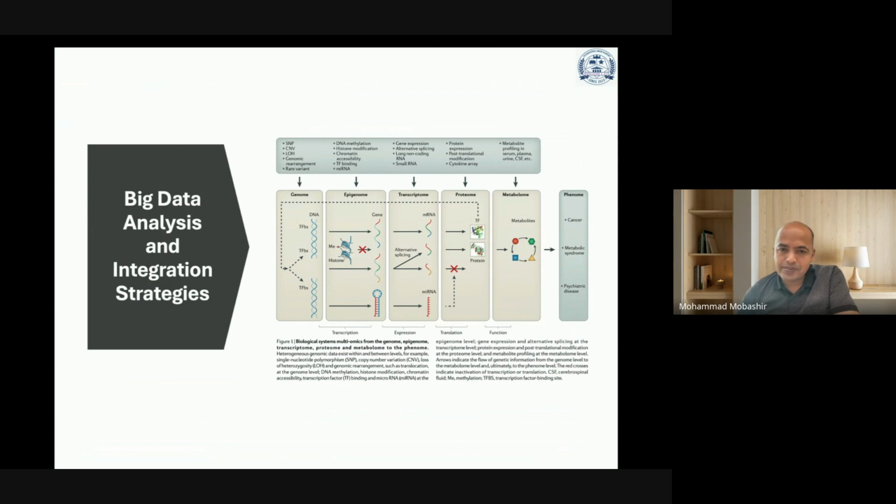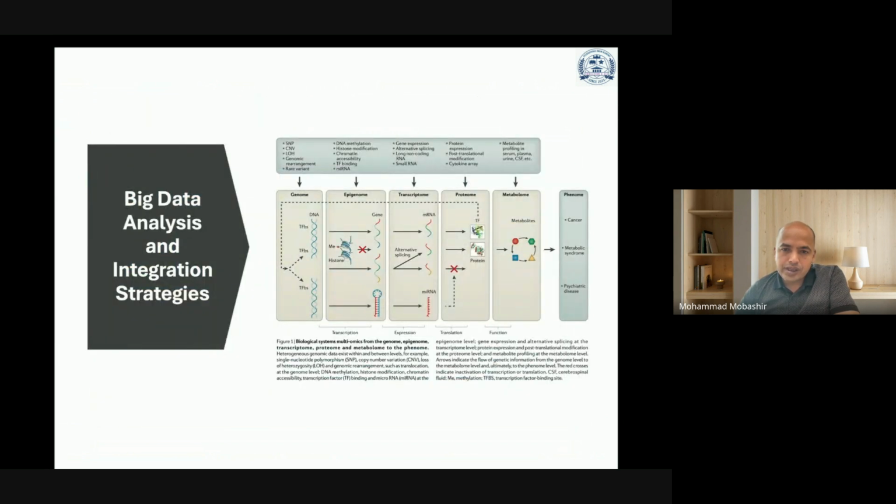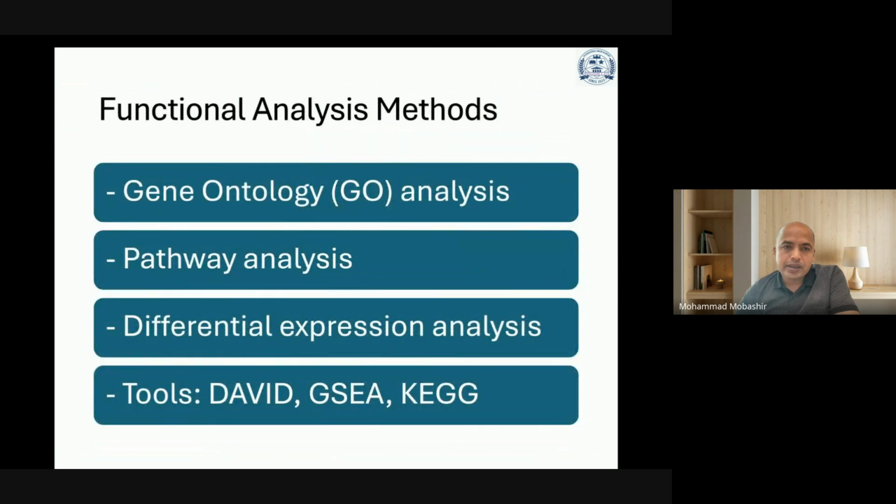Finally, by integrating these different levels of data, we proceed to the prediction of phenotypes in different cases, for example, in human diseases, cancer, metabolic syndromes, psychiatric diseases. It would also be interesting to read this review paper for better understanding of the multiomics data. And then there are some advanced or most relevant parts in big data.